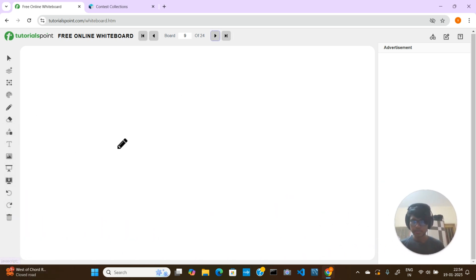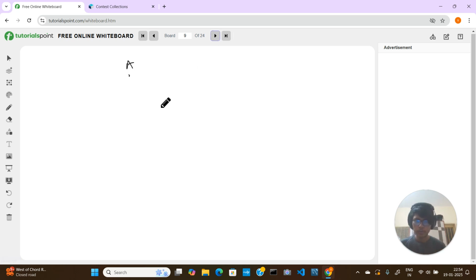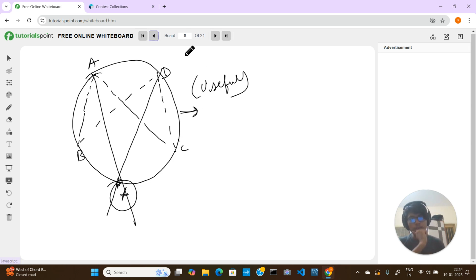So the next thing is, let's try to do constructions without a given tool. I am taking some inspiration from this diagram.